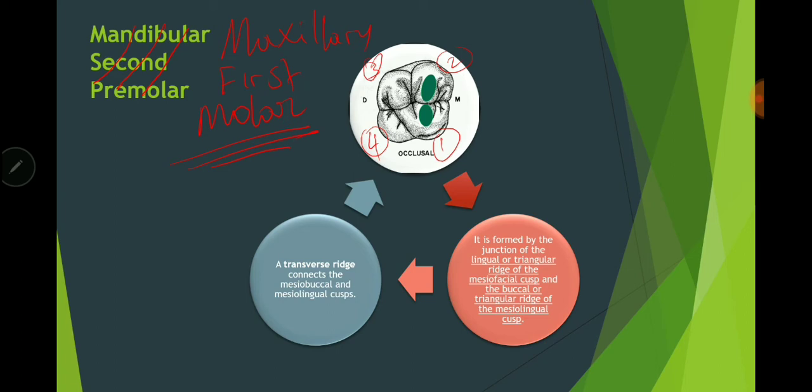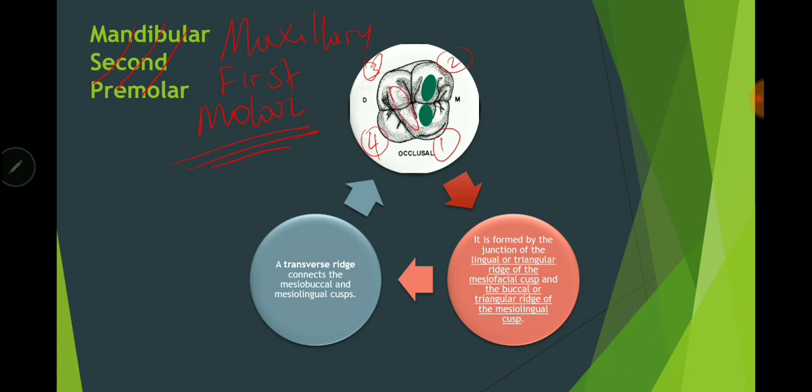Now, the transverse ridge. You have to know that this tooth has an oblique ridge and a transverse ridge. The maxillary first molar has a transverse ridge, which is indicated by the green dots over there, and also you have an oblique ridge, which I can draw right here.